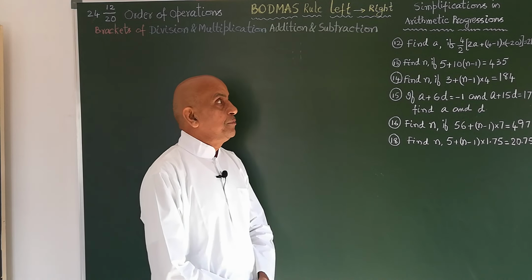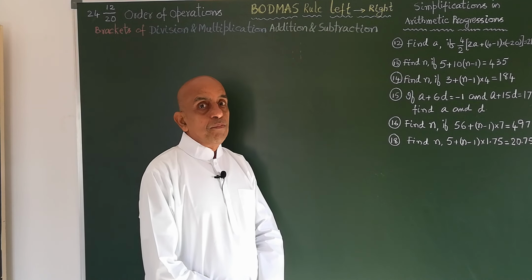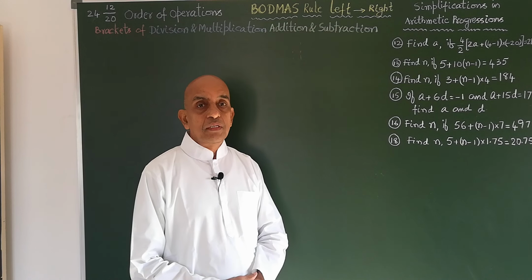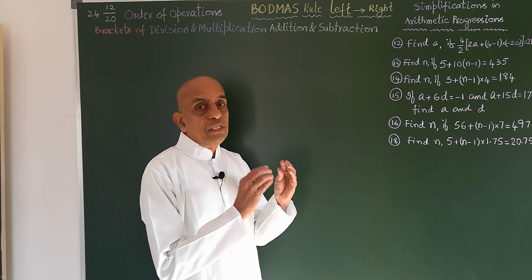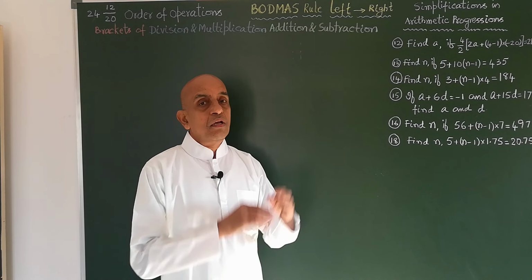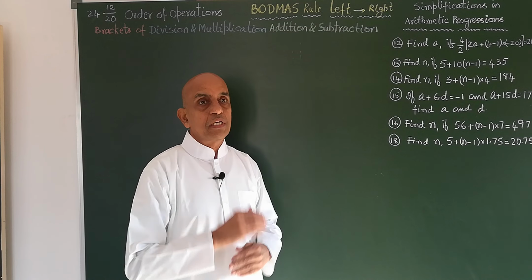The idea is, whenever we are teaching this topic, the most neglected area is the simplification part. Normally, teachers will focus on explaining what is arithmetic progression, what is the first term, what is the common difference. They work out all these steps.